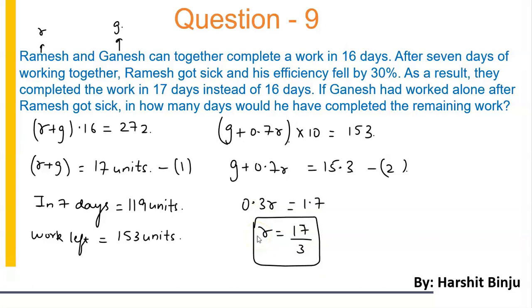If Ganesh were to work alone, first of all, we need to calculate the efficiency of Ganesh. So R plus G is 17 units using equation 1, and R is 17 by 3. So G plus 17 by 3 is equal to 17. So G is equal to 2 into 17 by 3.